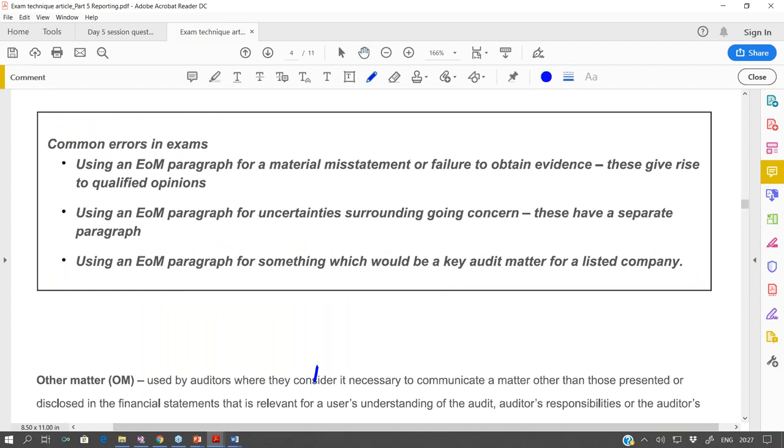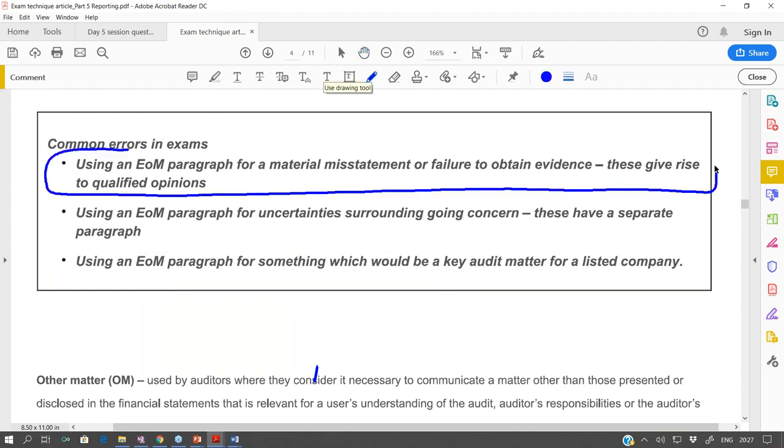See the first common error: using an emphasis of matter paragraph for a material misstatement or a failure to obtain evidence. These give rise to qualified opinions. Is everyone clear on that? Can we use an emphasis of matter paragraph in an exam paper when there is a material misstatement, or when the auditor has failed to obtain evidence? No. Examiner is saying this will result in a qualified opinion.